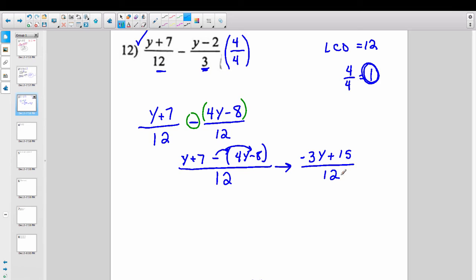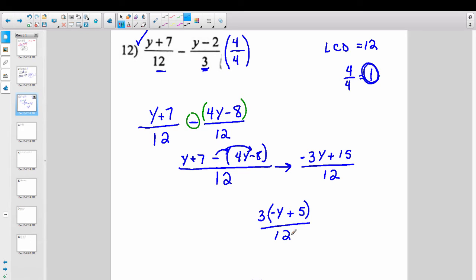Now, this answer can be reduced. And to reduce fractions, you need to factor. So let's GCF the top. Let's take out maybe a 3. And then we would have negative y plus 5 all over 12.